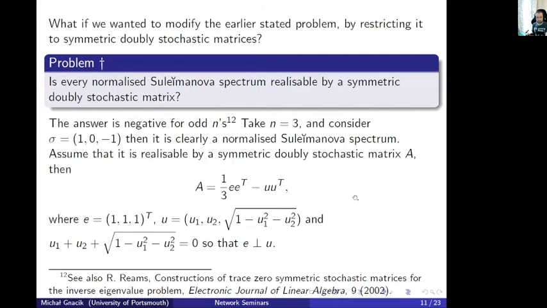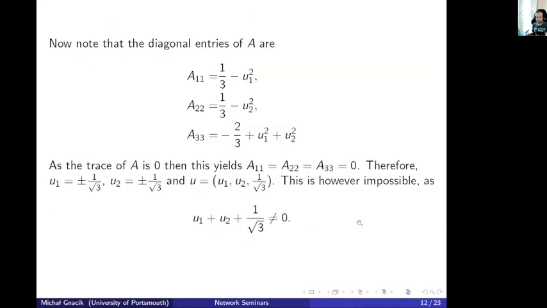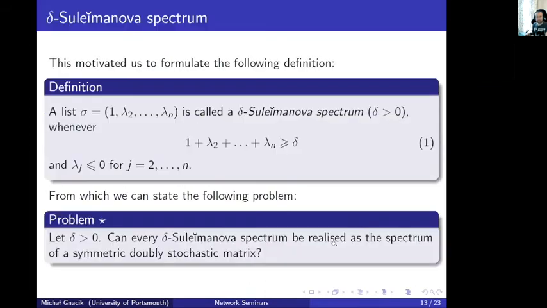I came across this, did this calculation myself, and then I also found that this was already known and proven for any odd n. Okay, so this gave me a bit of motivation, or I should have said, gave us a bit of motivation.